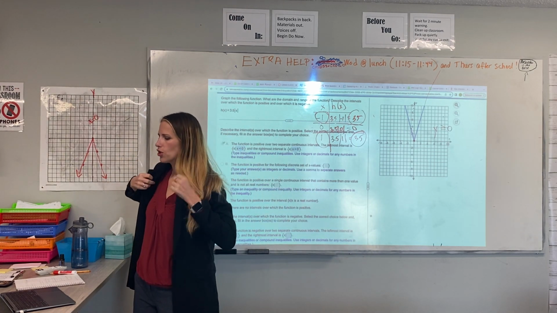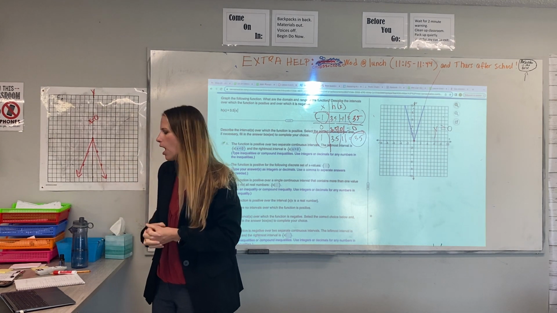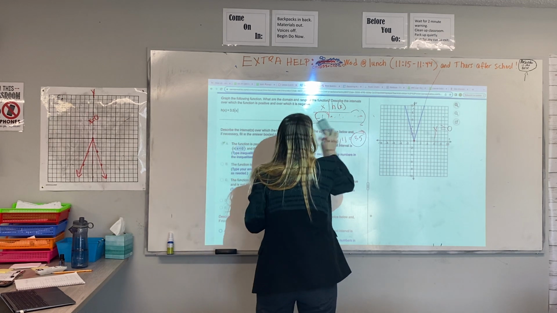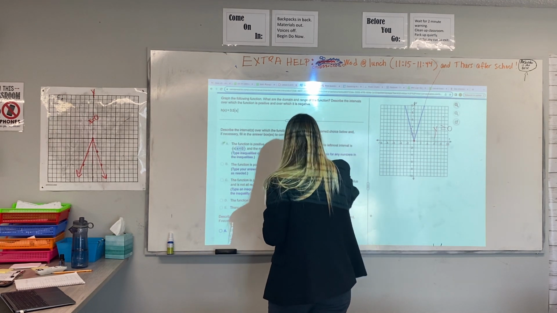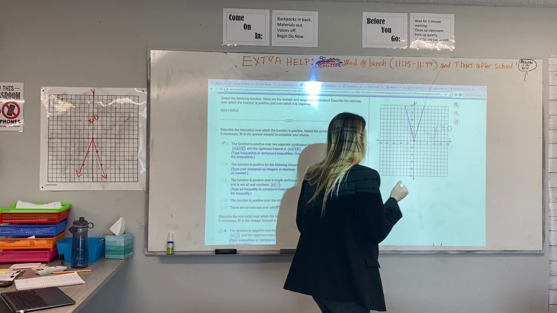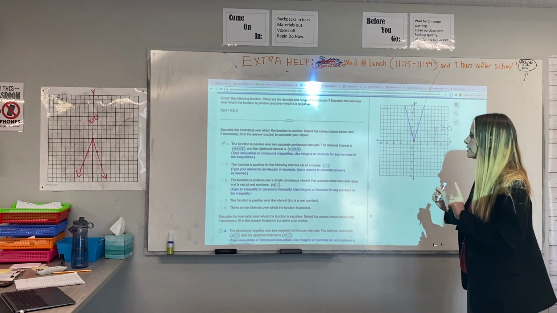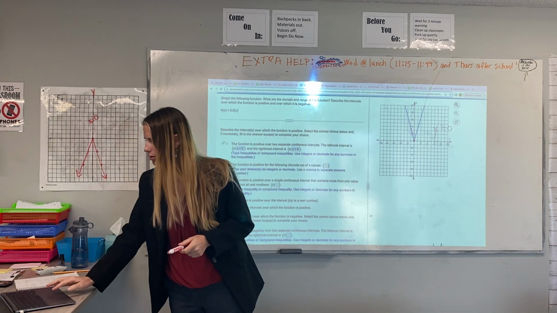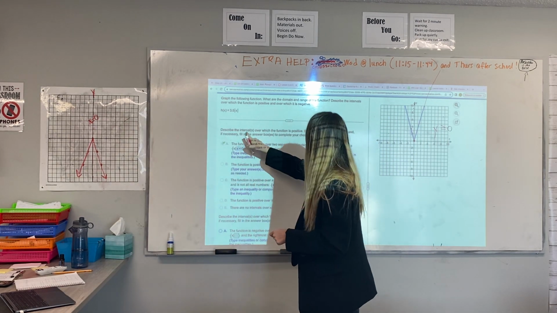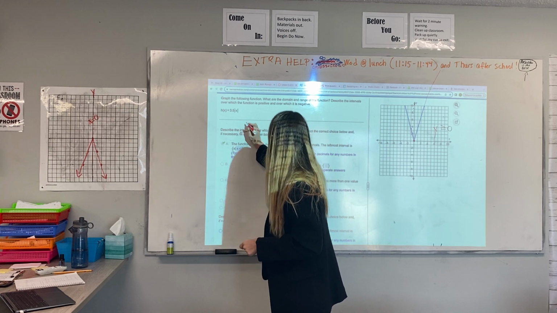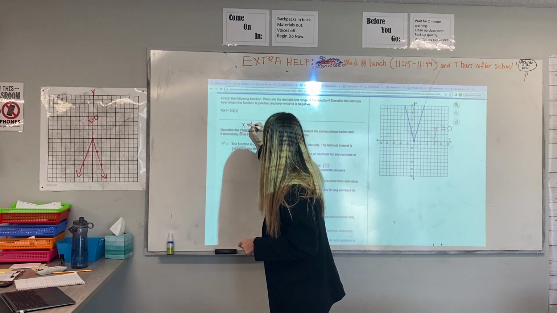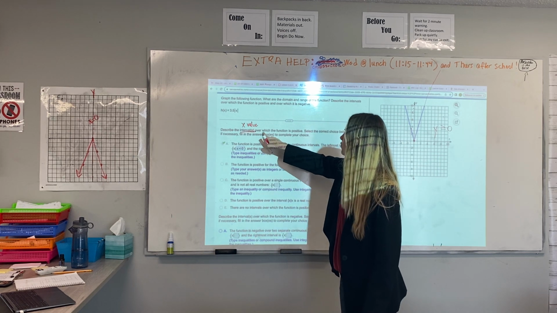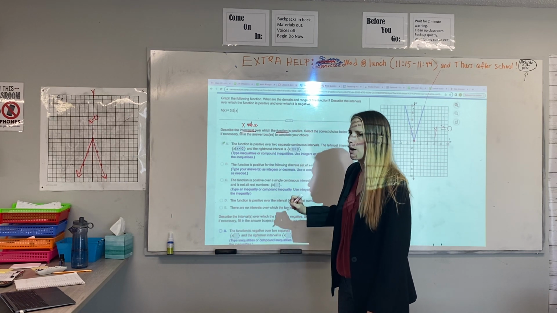Describe the intervals over which the function is positive. Let's decode that for a second. What it means by the intervals, it means the x value intervals, because it says describe it over which the function is positive.